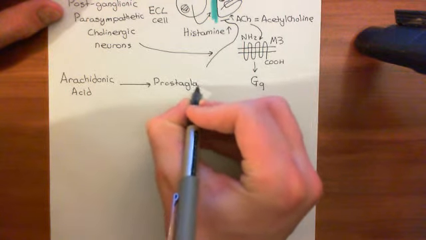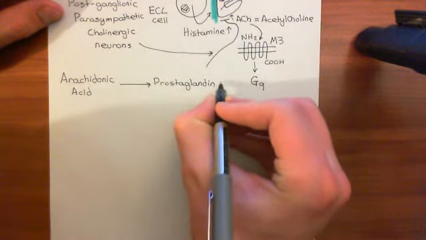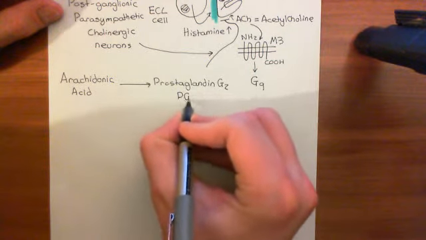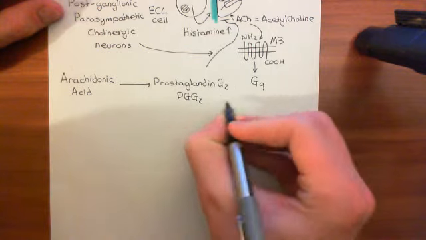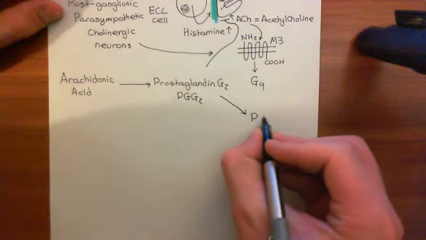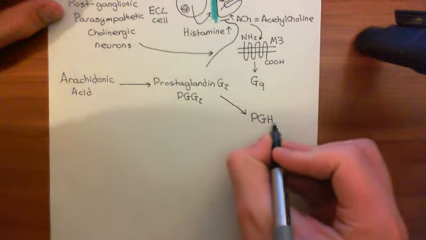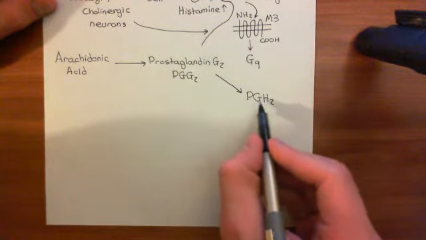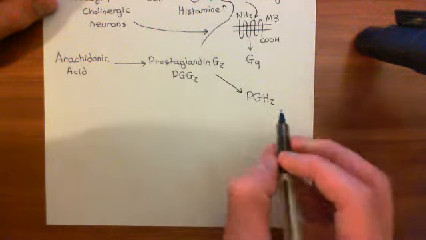Okay, and these conversions are going to be catalyzed by cyclooxygenase enzymes. Now, prostaglandin G2 for short is often abbreviated to PGG2. Okay, and then prostaglandin G2, as I said, can be converted further to prostaglandin H2, and I won't write its name out in full, I'll just abbreviate it to PG for prostaglandin and then H2.